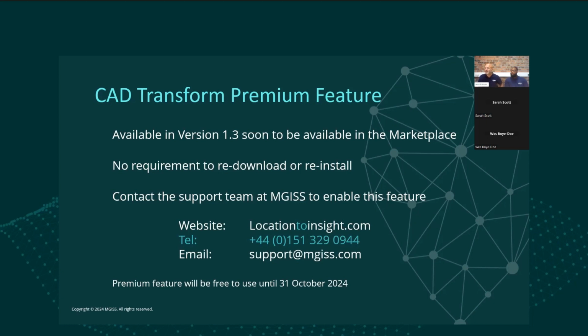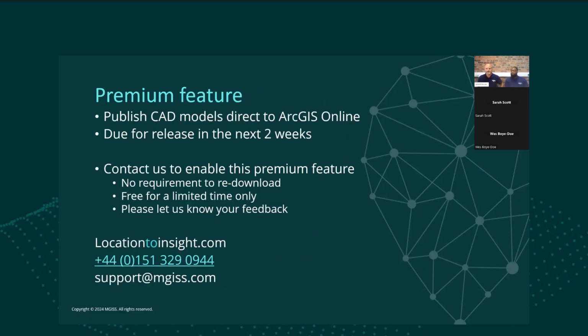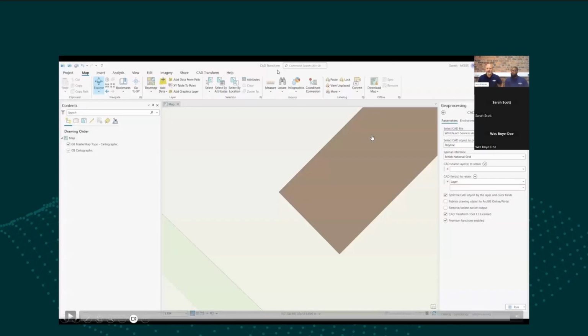I'm going to leave this poll running for the moment, and I'm going to just demonstrate how easy it is to share to ArcGIS Online. So using the same model as before, we simply click the Publish Drawing Object to ArcGIS Online, which will appear if you have the premium functions enabled.